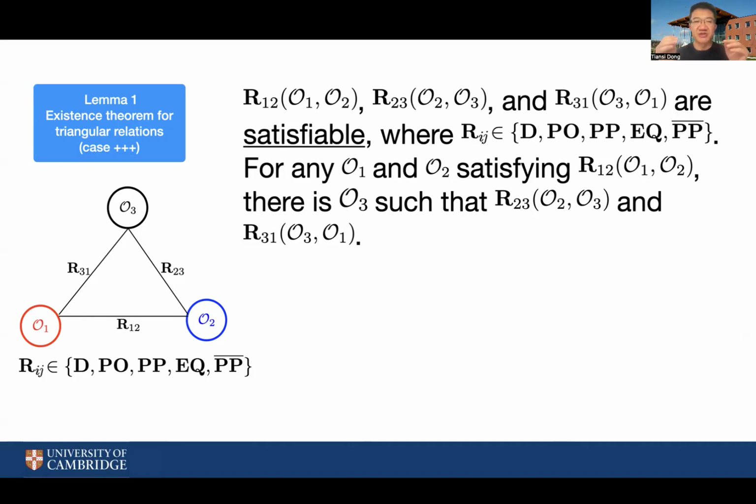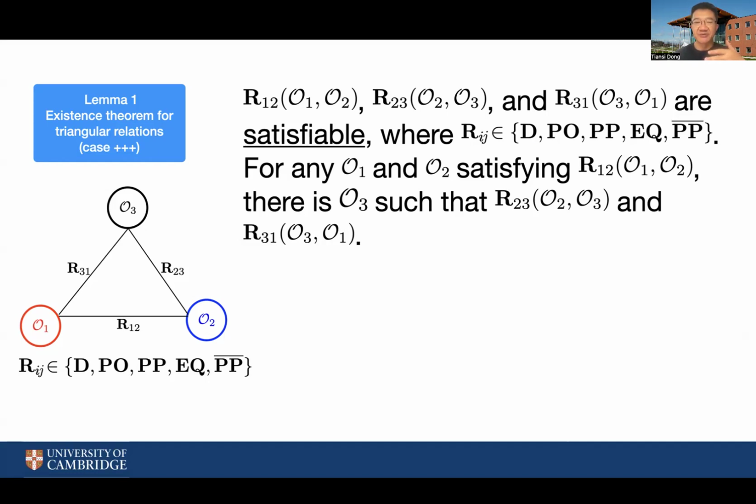It does not create three spheres simultaneously. We need to prove that if they're satisfiable, there is a configuration that follows our control process, and we can find it.